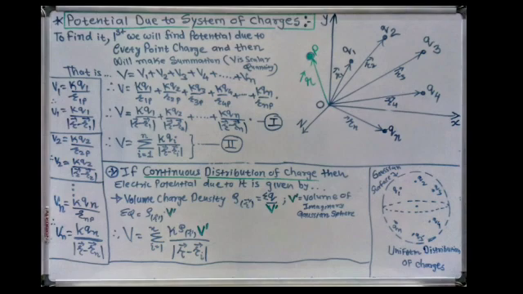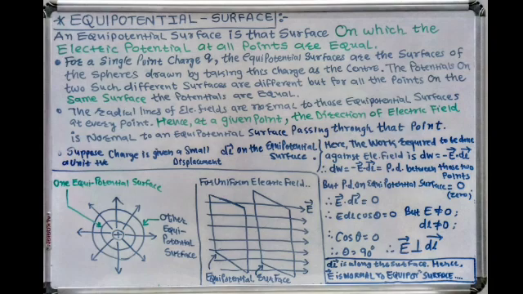Now we are taking another point, that is the equipotential surface. What is the equipotential surface? An equipotential surface is that surface on which the electric potential at all the points is equal.